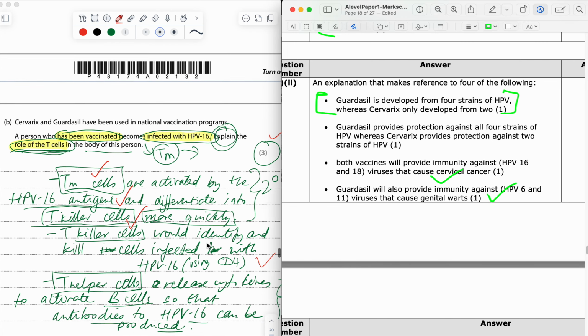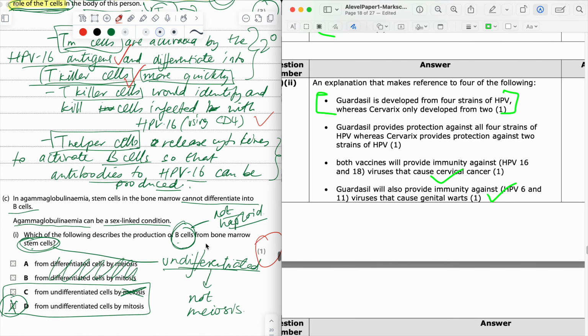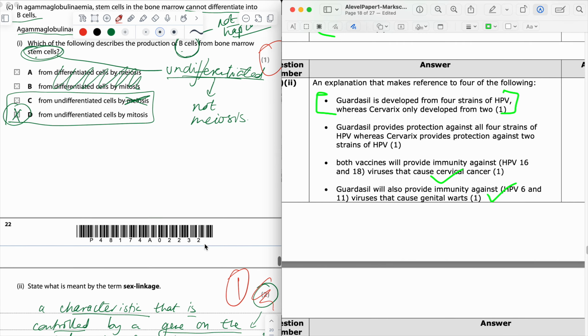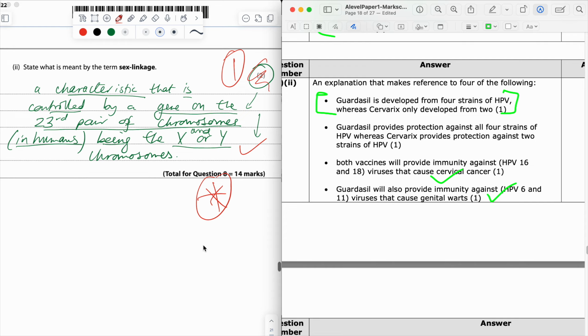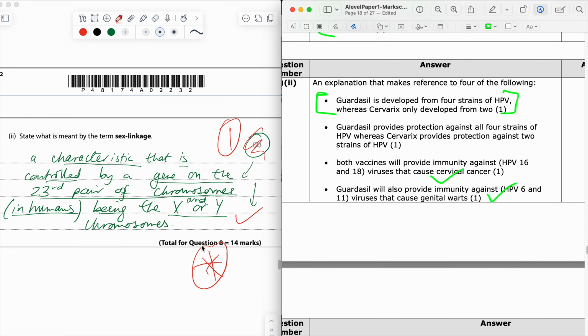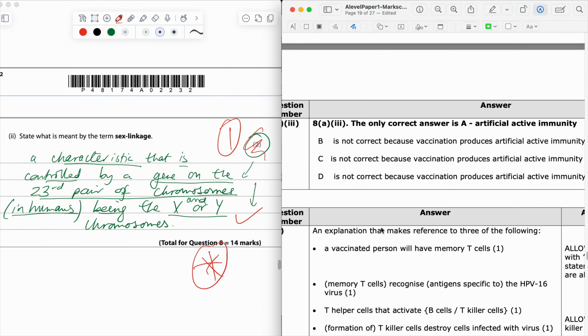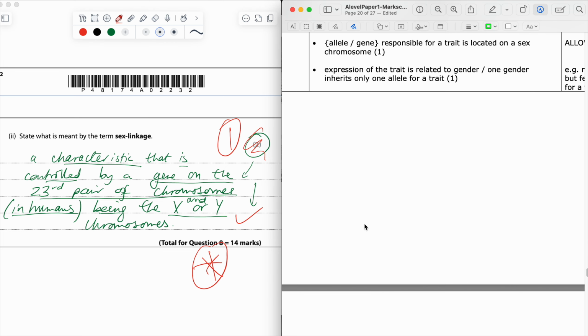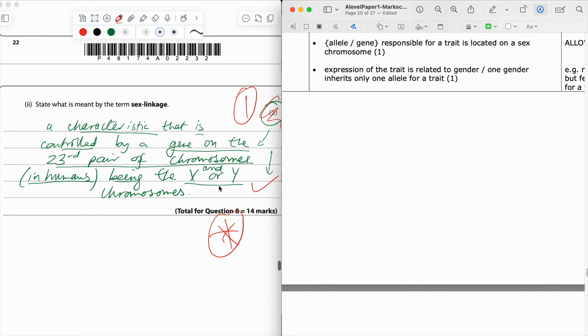Okay, moving on. The T cell question was fine for me. Meiosis, the stem cell one was okay. Sex linkage. Yep, for the sex linkage question, it was on my mind to say it, but then I didn't. And it was the second marking point.